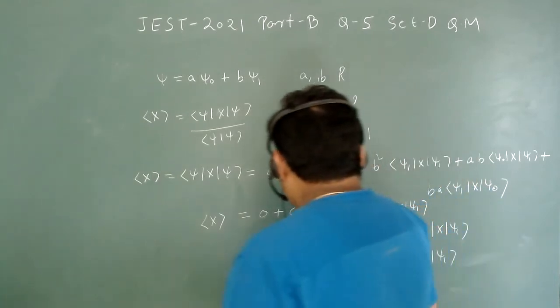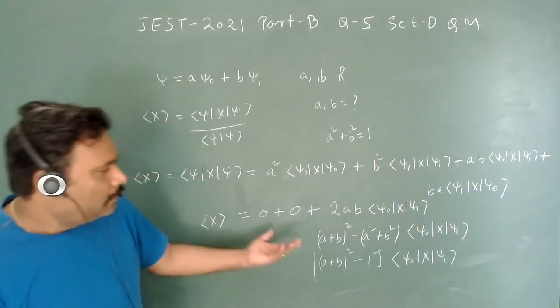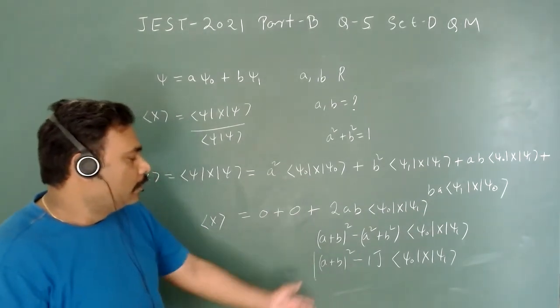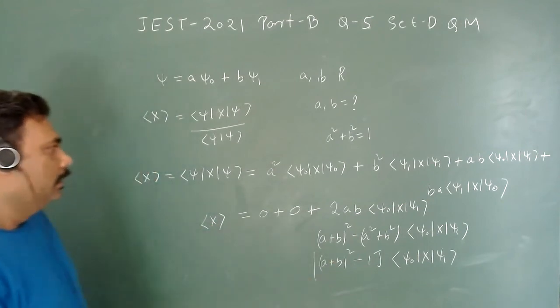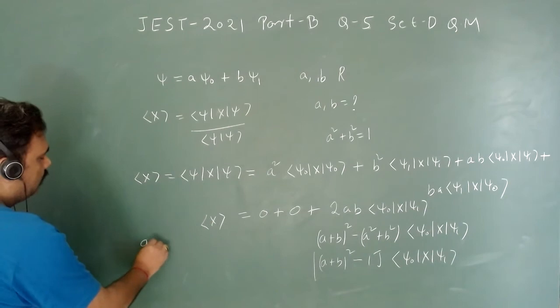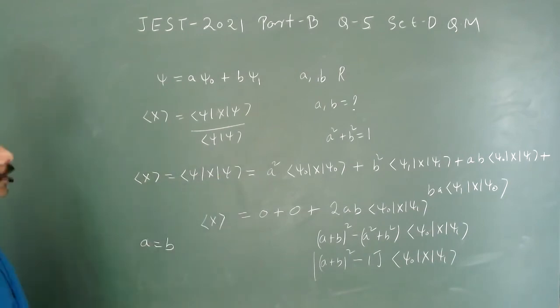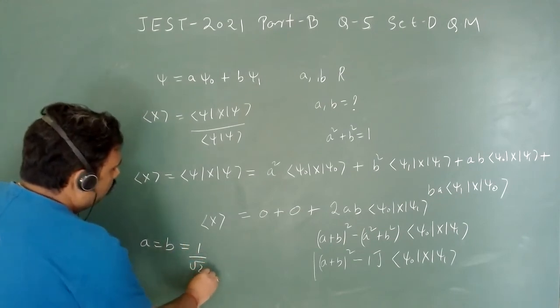You can also solve it from here, but we have all four options. When you put in all four options, you will get the maximum value when A is equal to B, and then this value is 1 upon root 2.